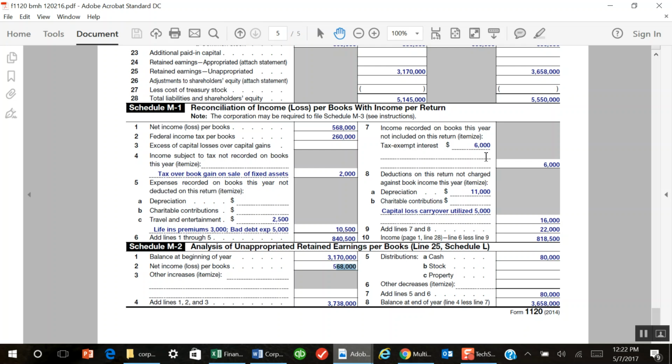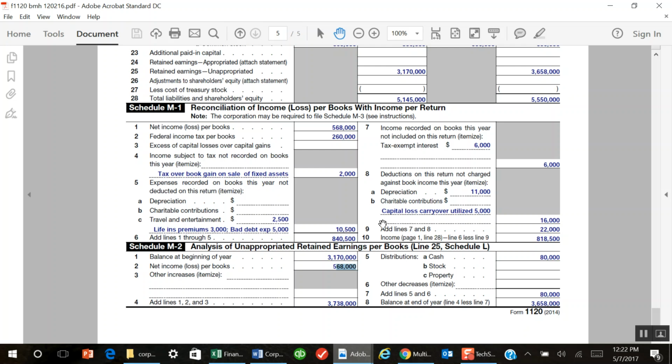Another decrease to taxable income is the $11,000 of depreciation for tax purposes in excess of what you expensed for book purposes. For book purposes, book depreciation was $20,000, but for tax, I told you in the facts, I just gave it to you, it was a gimme. I told you it was 31. So 31 minus 20 is 11, and the 11 goes right here.